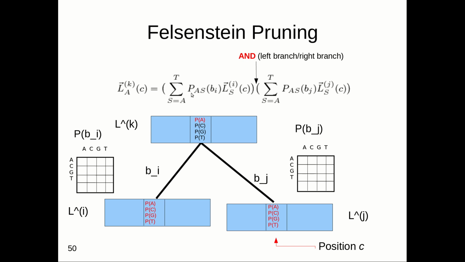This is the transition probability from A to any other state along this branch BI, multiplied with the probability of being in that state at the child vector, and then this sum for the left subtree is multiplied with the corresponding sum of products of the right subtree, because in order to be in A here, we must have gotten from some state along BI to A here, but also from some state along BJ to A from the other side.